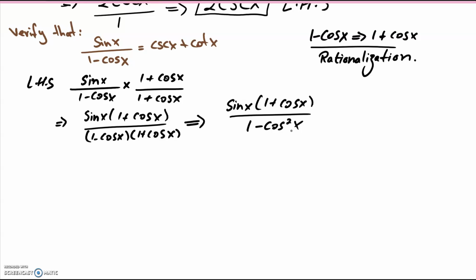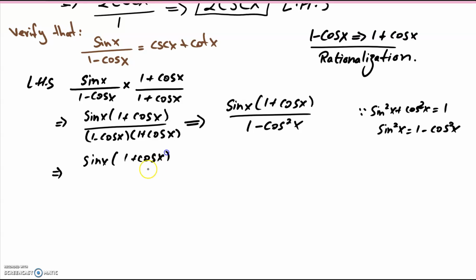If you remember the Pythagorean identity, sine squared x plus cos squared x equals 1. I will rearrange it and it becomes sine squared x equals 1 minus cos squared x. I'm going to use this identity in the denominator, so it's sine x times 1 plus cos x over sine squared x.